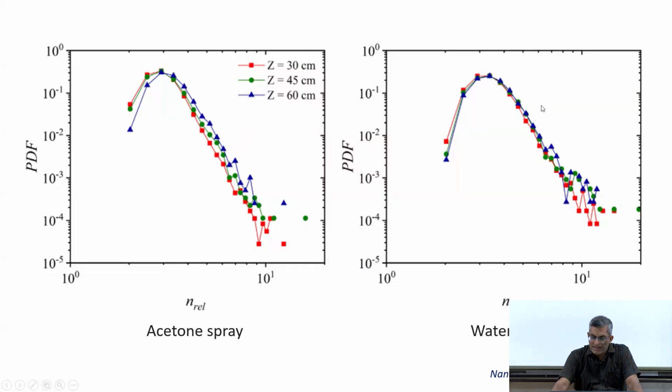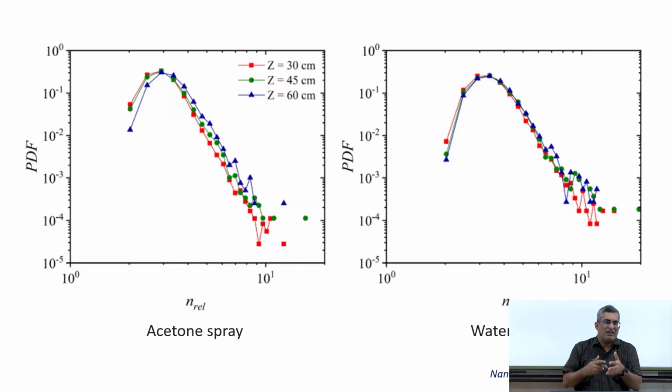Interestingly, what you see here is that the plots are nearly overlapping with each other. So this tells us that the overall phenomenon remains the same if you normalize appropriately. This refers to self-similarity in the cluster evolution process. The magnitudes might be different, but when you normalize them appropriately, they all overlap with each other.